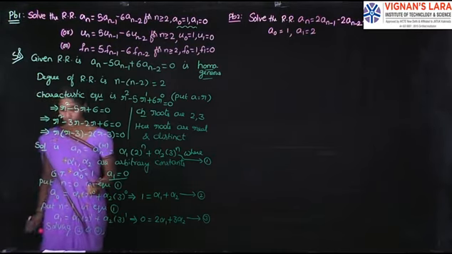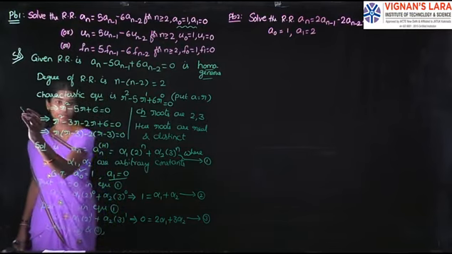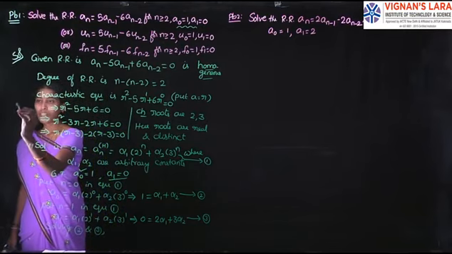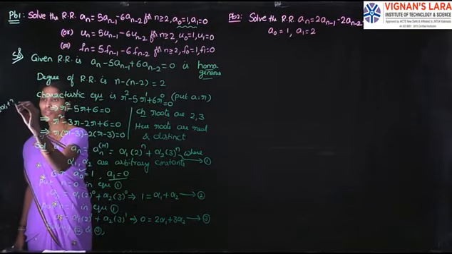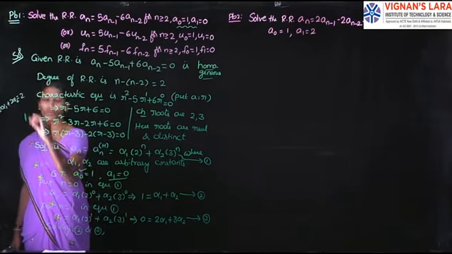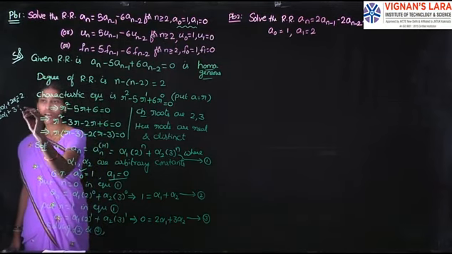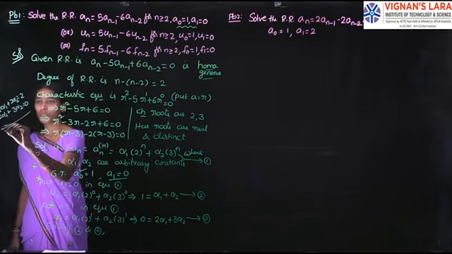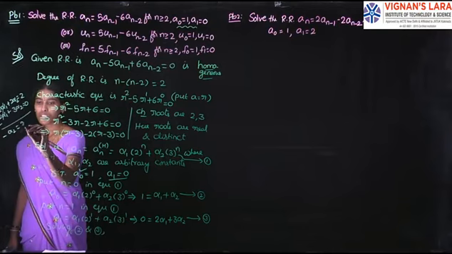Now solving equations 2 and 3, right? Multiply equation 2 by 2, which is 2 alpha 1 plus 2 alpha 2 is equal to 2. Equation 3 is 2 alpha 1 plus 3 alpha 2 is equal to 0. So by cancelling these two, we get minus alpha 2 is equal to 2.